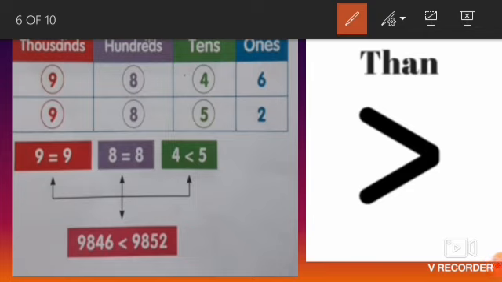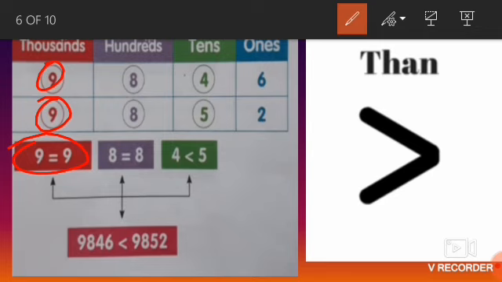In the same way, let's compare 4-digit numbers. Let's start from left. You can see 9,846 and 9,852. We have written place value chart for these two numbers. You can see in thousands place, the number is 9 and 9. They both are equal. 9 is equals to 9. In hundreds place also you can see 8 and 8. Both the digits are equal. And in tens place you can see 4 and 5.